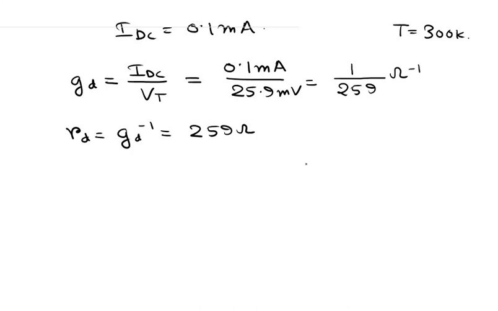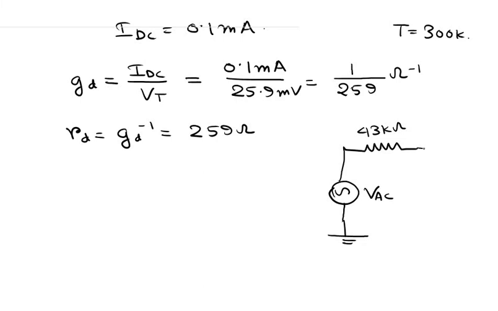So we just remove this DC source from the small signal AC model. In the small signal AC model, we then have this voltage VAC. Then there is a resistor which is 43 kilo ohm, and then we have the diode. The diode in the small signal AC model is equivalent to a resistor which is 259 omega. And then this is grounded.